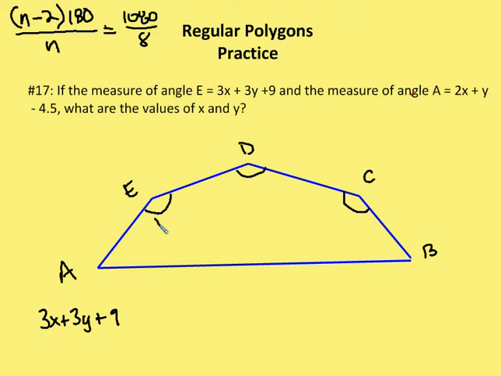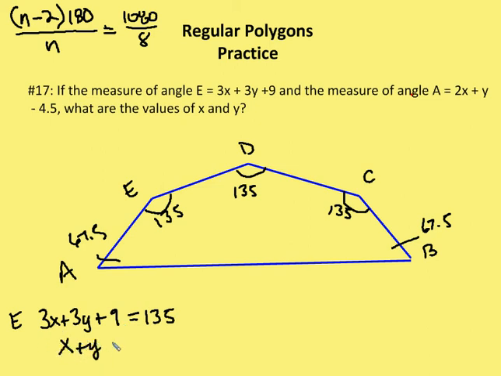So angle E is 135, angle D is 135, angle C is 135, angle B is 67.5, angle A is also 67.5. So we know angle E is equal to 3x plus 3y plus 9, and that again is equal to 135. So we subtract 9 from both sides and then divide by 3, and we have x plus y is equal to, I'm going to say 44.